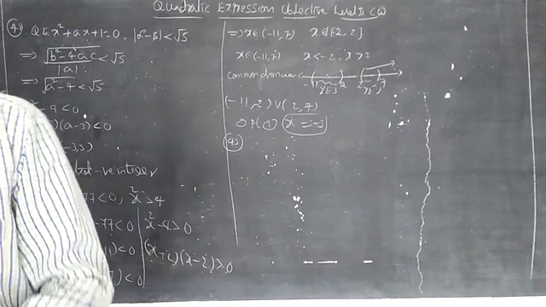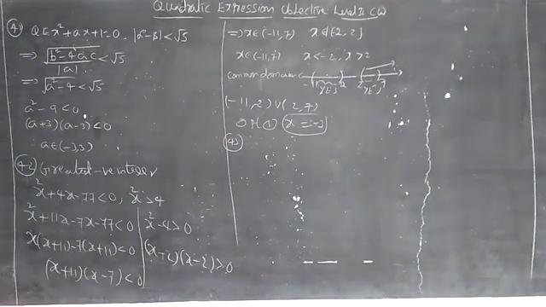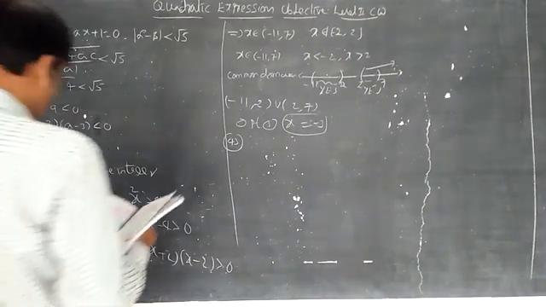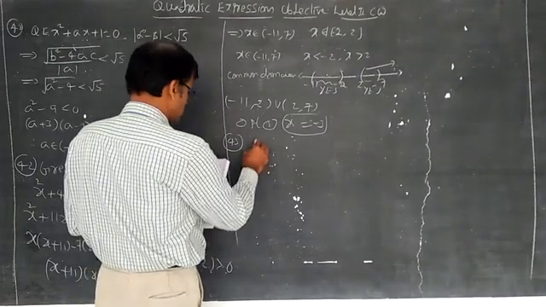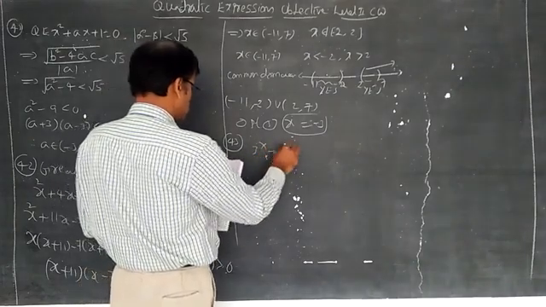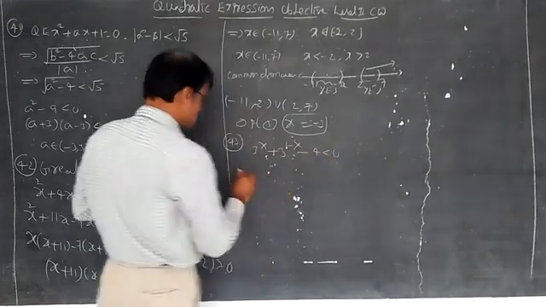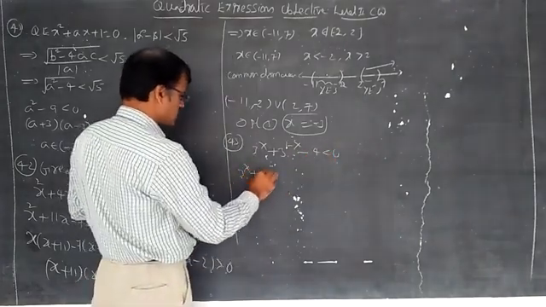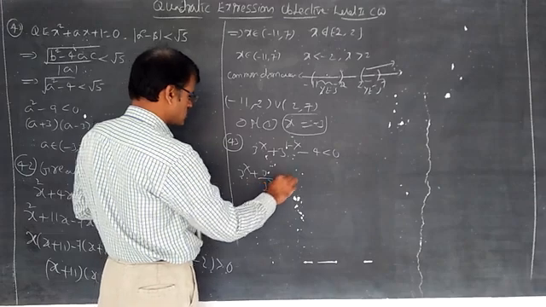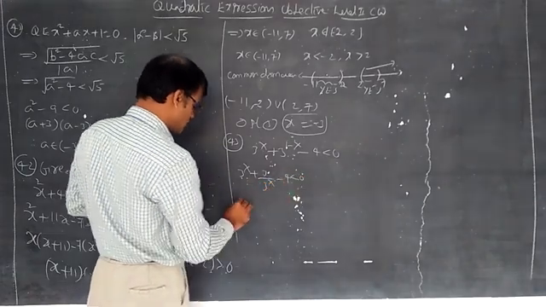43rd question. The solution set contained in the real numbers of the inequality 3 power x plus 3 power 1 minus x minus 4 less than 0. That is 3 power x plus 3 by 3 power x minus 4 less than 0.